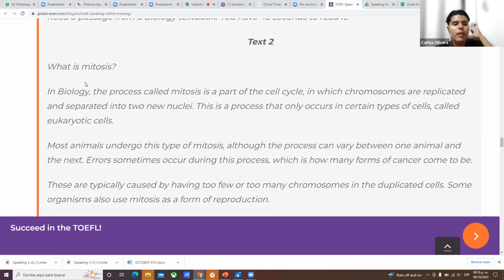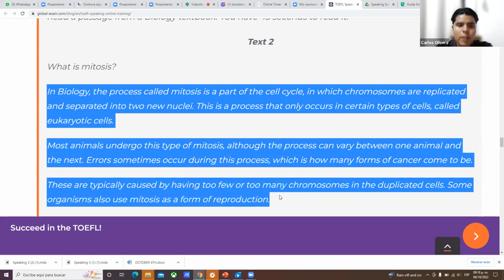Fantastic. Let us continue. It says, what is mitosis? Let's read. In biology, the process called mitosis is a part of the cell cycle in which chromosomes are replicated and separated into two new nuclei. This is a process that only occurs in certain types of cells, called eukaryotic cells.